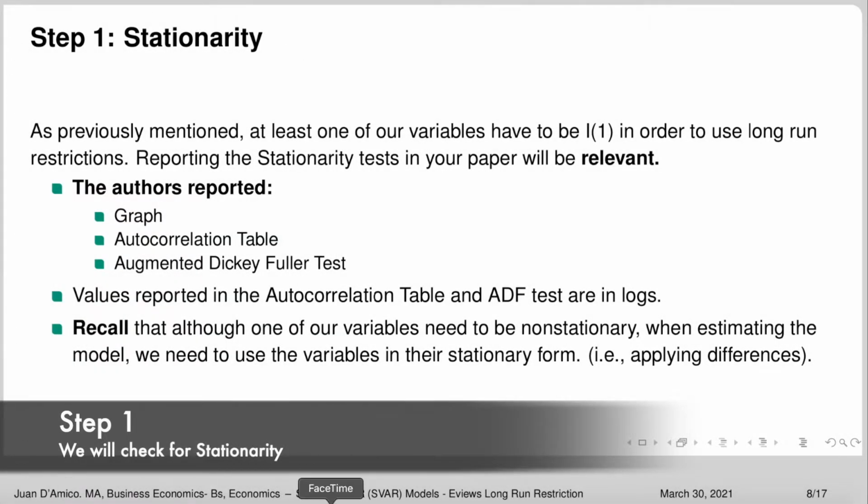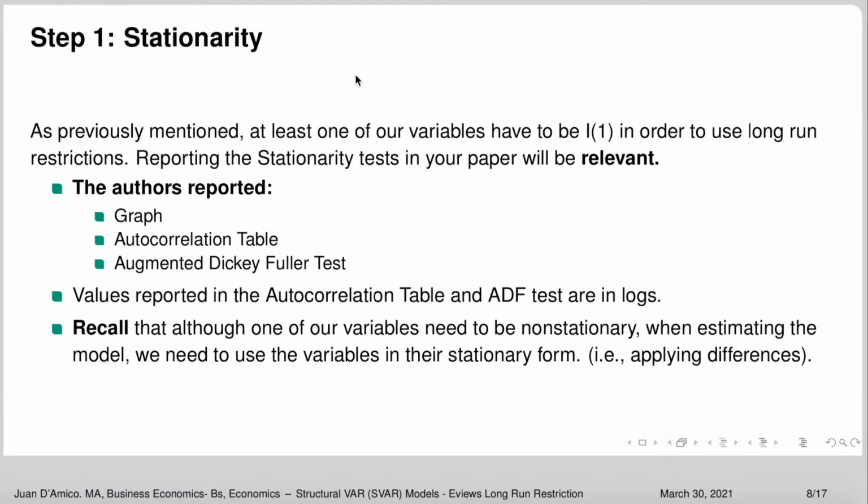So step number one in our analysis will be reviewing if our variables are stationary. As I mentioned, at least one of our variables has to be non-stationary in order to use long-run restrictions. Reporting the stationarity test in your paper will be relevant.